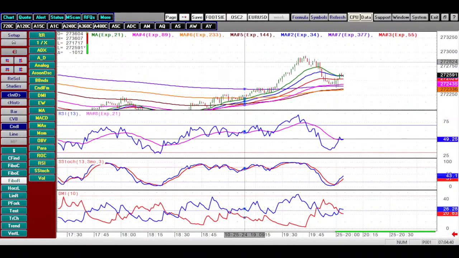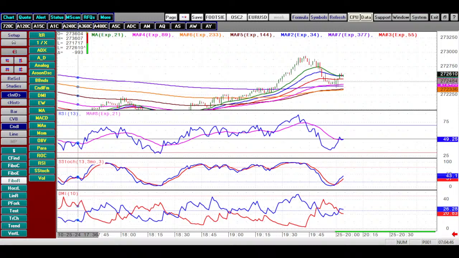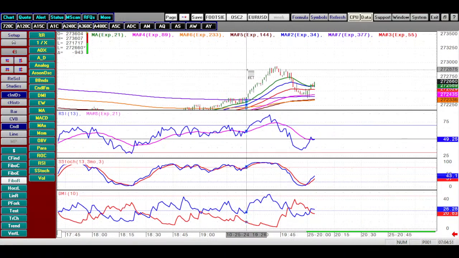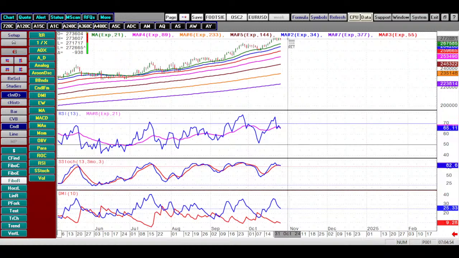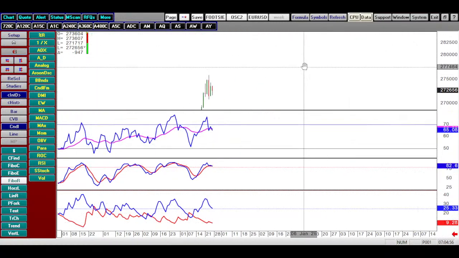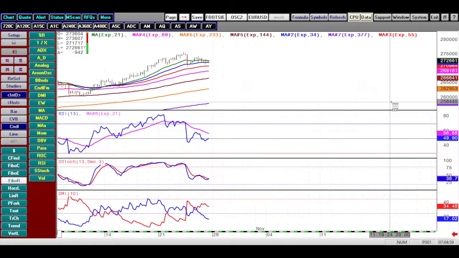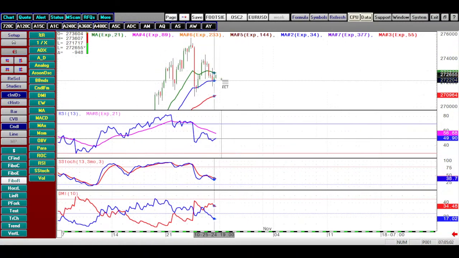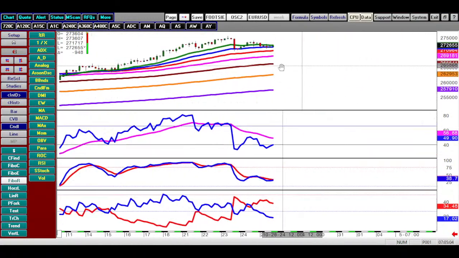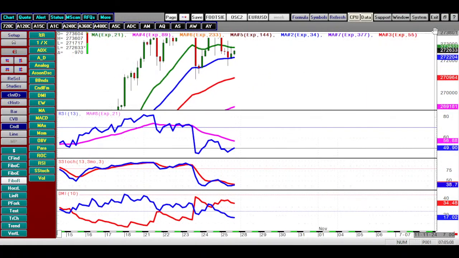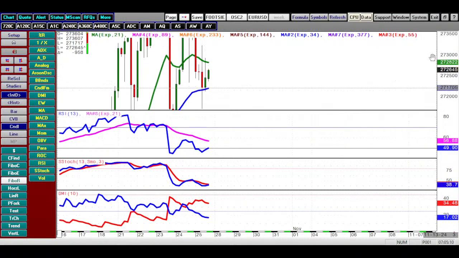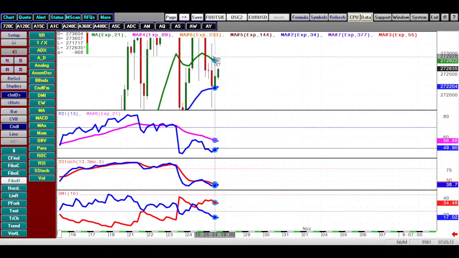Let's look into the market. It is showing some strength. Earlier there was some weakness, and right now we are seeing some strength.